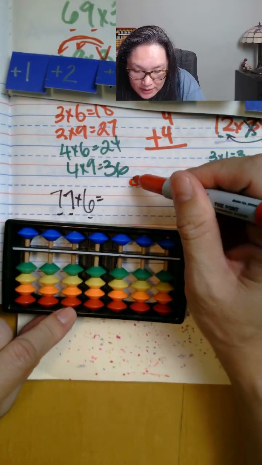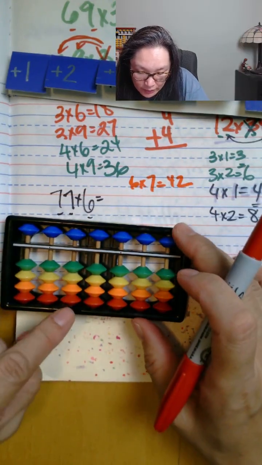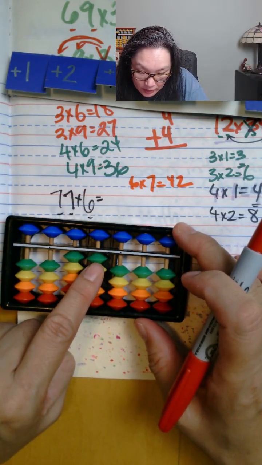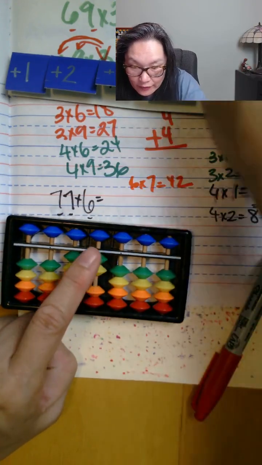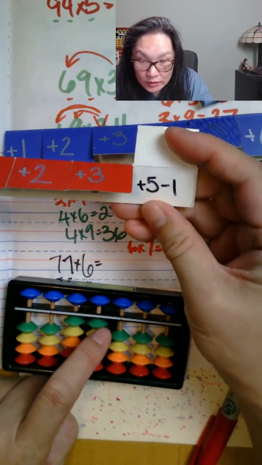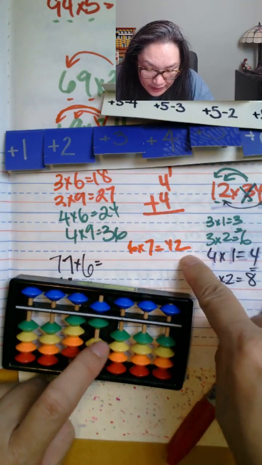So 6 times 7 is equal to 42. So I had my 4, I had my 2. And then I do it again. Plus 4, plus 2, plus 4. There's not enough. So what do I do? Plus 4 is equal to plus the 5 minus the 1. And then I add my 2.